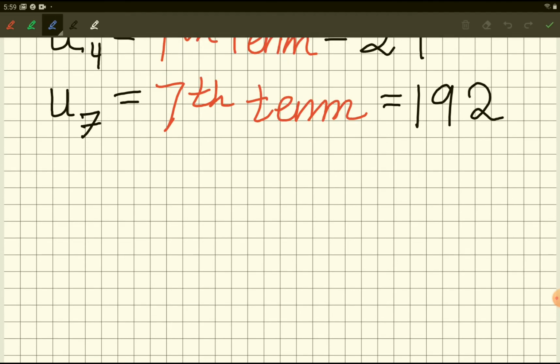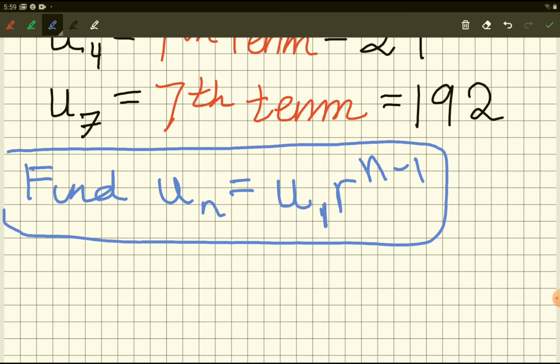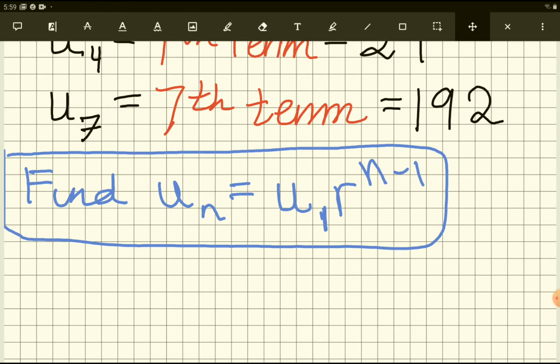And pretty much, they're telling me to find u sub n, which is u1 times r to the n minus 1. That is what they're telling me to find. In other words, fill out the formula.